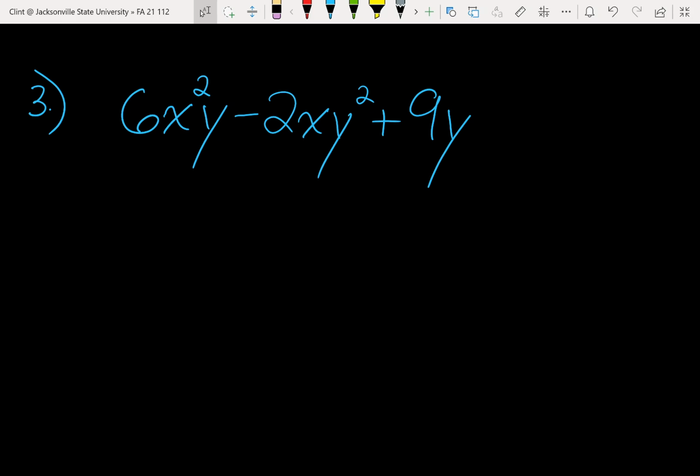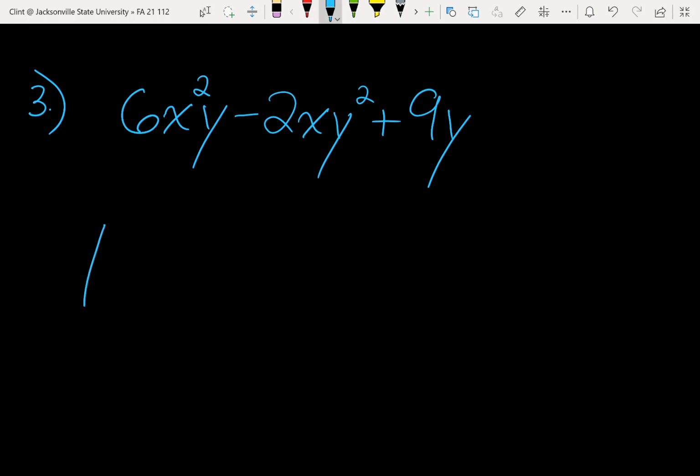We're just looking to see if we have anything in common with all of these. Looking at just the coefficient part, I don't see anything in common among all 3. We've got a 2 in common with the first 2, but not the last one. We've got a 3 in common with the first and the third, but not the middle one. So we don't have a coefficient, but what do we have in common? A y.